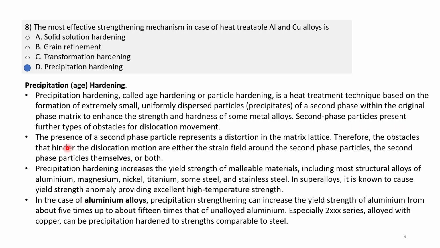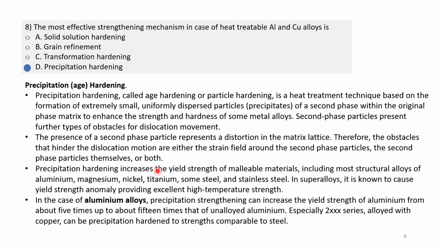Second phase particles present obstacles for dislocation movement. The presence of second phase particles represents a distortion in the matrix lattice. Therefore, the obstacles that hinder the dislocation motion are either the strain field around the second phase particles or the second phase particles themselves, or both.